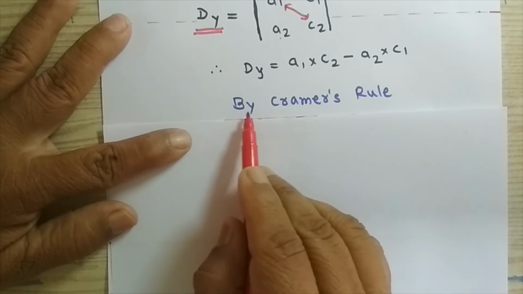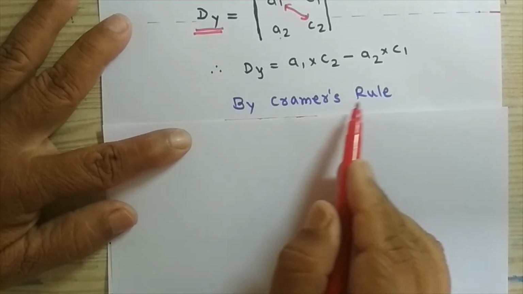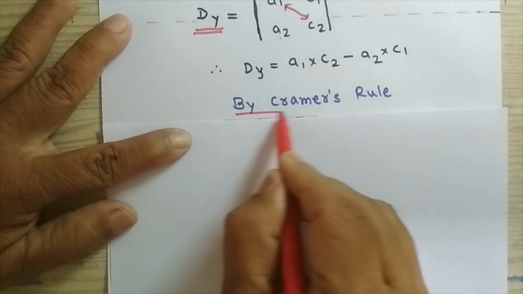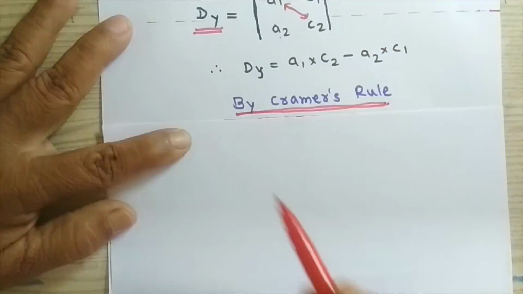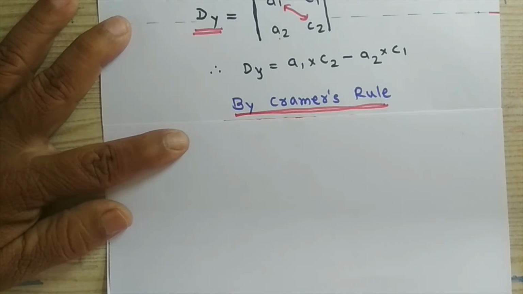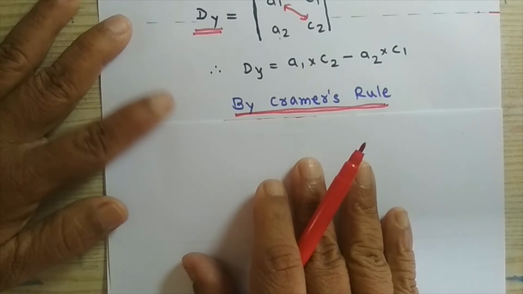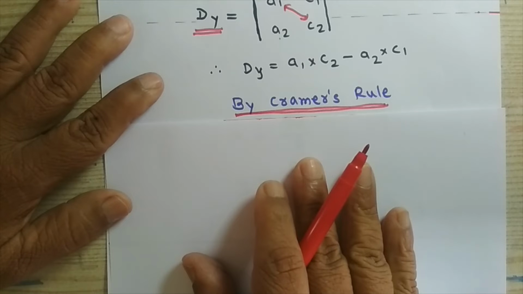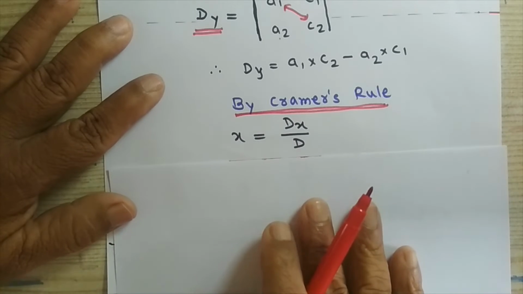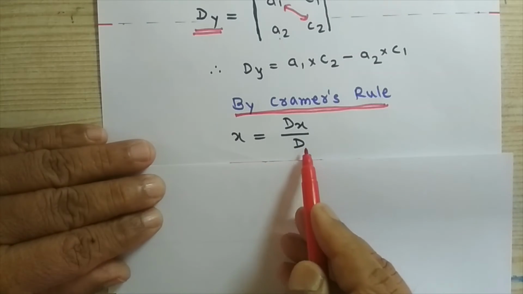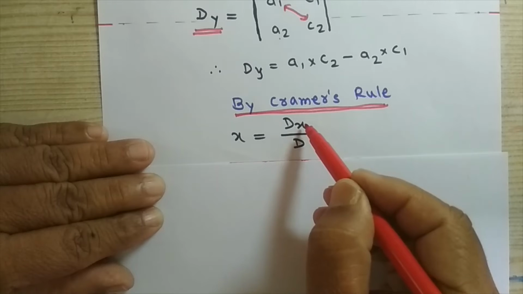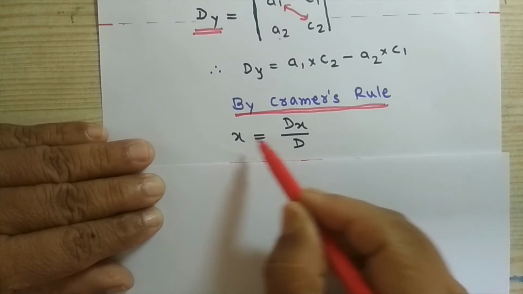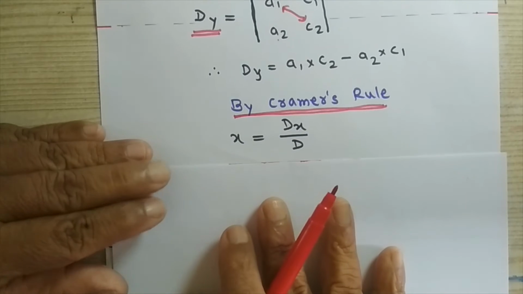Again we have to use Cramer's rule. By Cramer's rule, this is important. Firstly we calculate the values of the determinants and now use Cramer's rule to find the values of the variables. First variable is x, means x is equal to Dx upon D. We know the values of Dx and D, put them here and calculate the value of x.